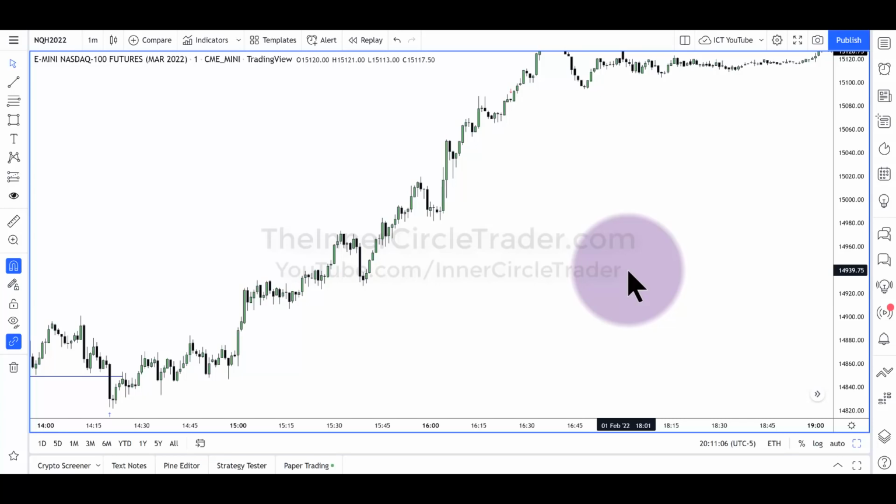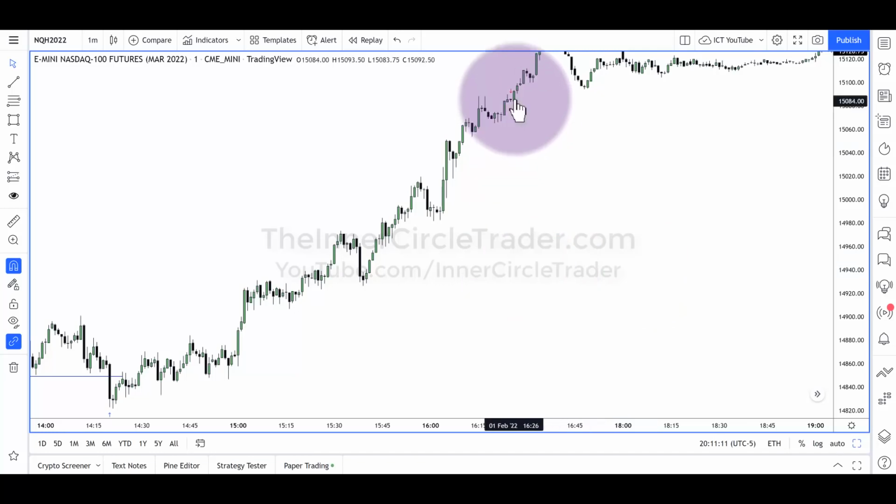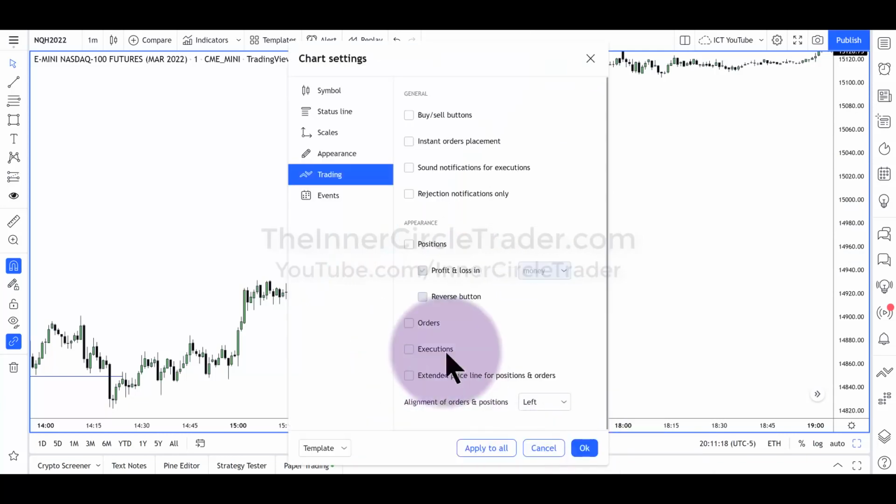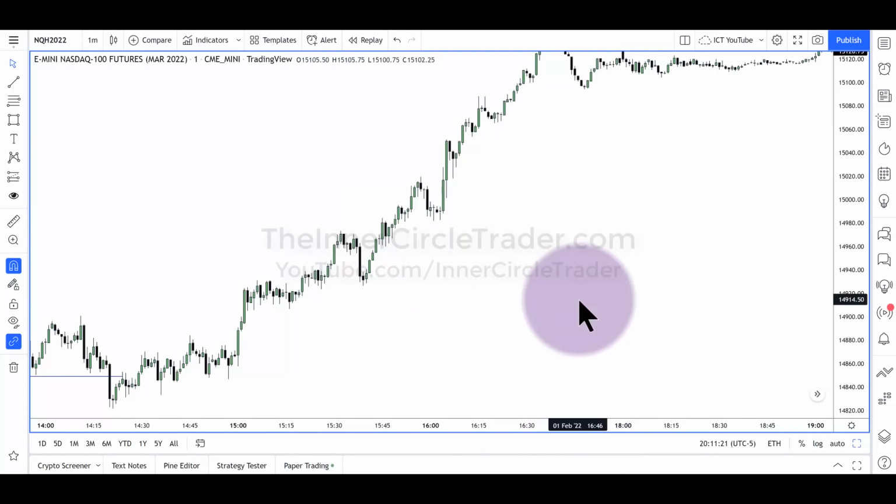But the main thing I want you to take away is that showing entries like this and exits and stuff, it's not all that much of a big deal, okay? But it becomes a sticking point, a stumbling block for people that want to learn how to do this, because if you lay it in front of them, they have to have lots of contracts to be profitable in such a small little move.